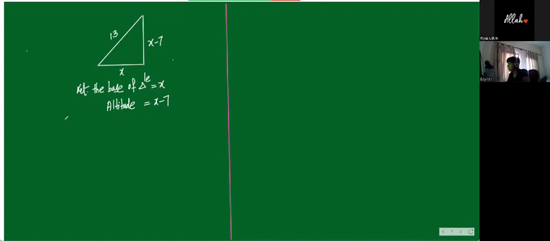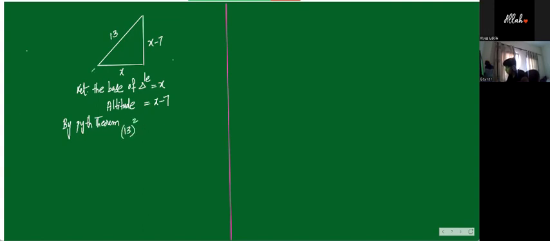By the Pythagoras theorem, the square of the hypotenuse is equal to the sum of the squares of the other two sides, that is c square is equal to a square plus b square.